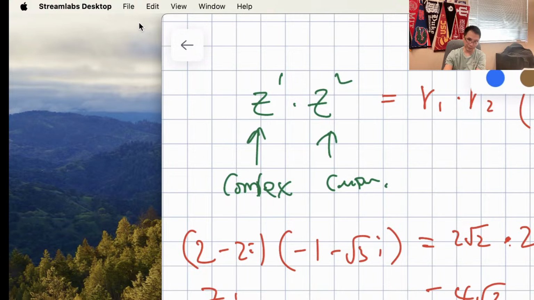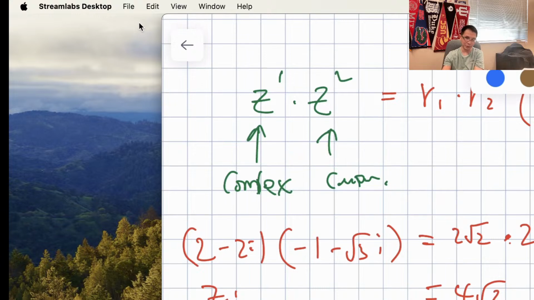Is it distributed? If you distribute it, right? I don't know what that number is, but some of you can distribute for me. 4 square root 2 times negative 0.966 is what? Negative something. I'm just showing you how. I'm going to show you in a second how it works.